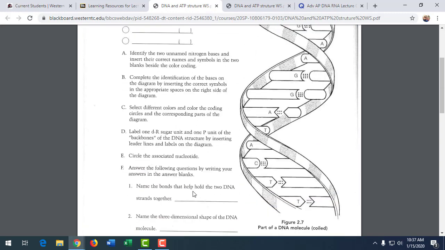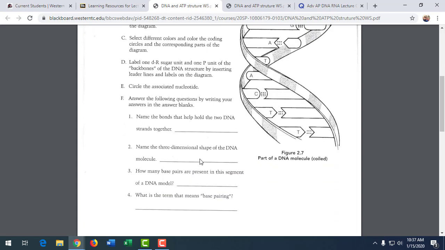What are the bonds that hold the two DNA strands together, which is here? What do we call these bonds that hold the nitrogen bases together, keeping the two sides? Hydrogen bonds. Yeah, they're very weak bonds, hydrogen bonds. And then what do we call the three-dimensional shape of the DNA molecule?